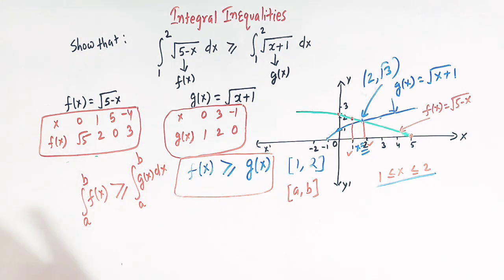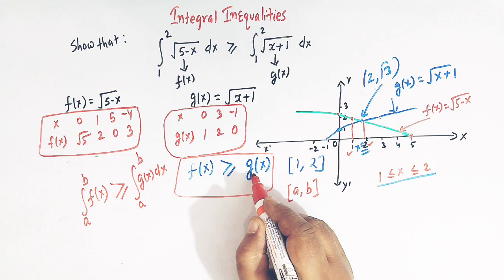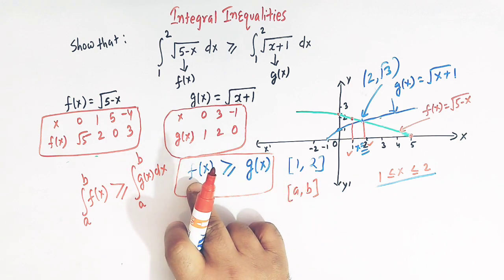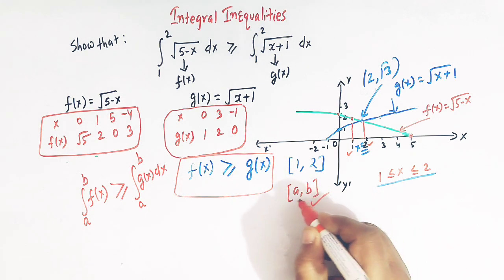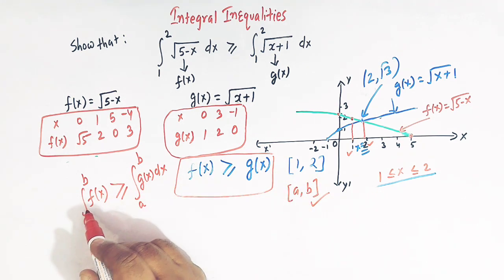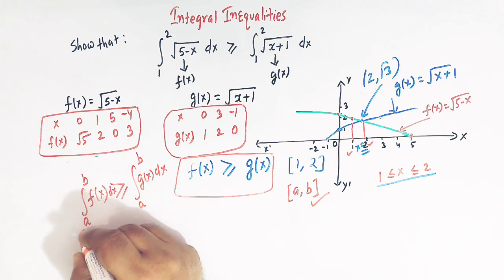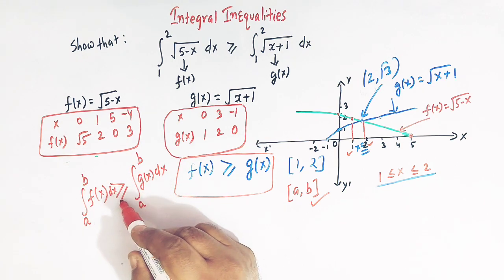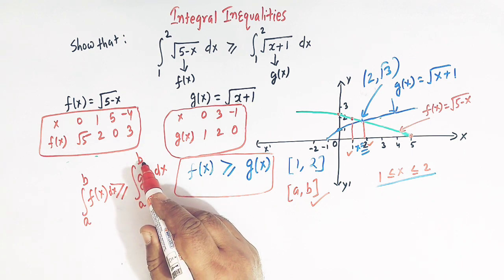So this is an important property of definite integrals: if f of x and g of x are two functions such that f of x is greater than or equal to g of x in some interval a comma b, then the integral of f of x from a to b should be greater than or equal to the integral of g of x from a to b, right?